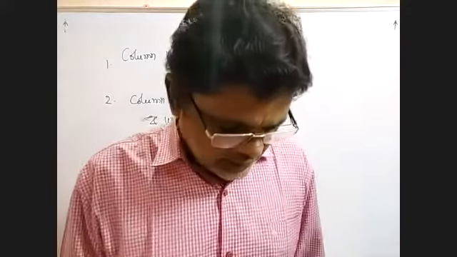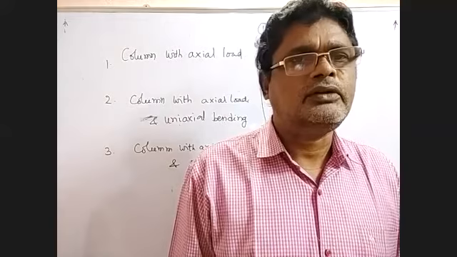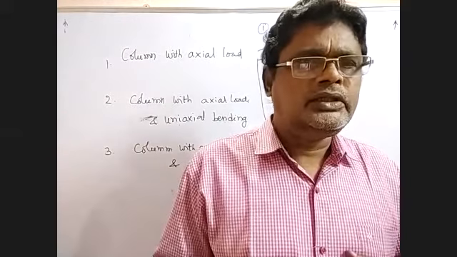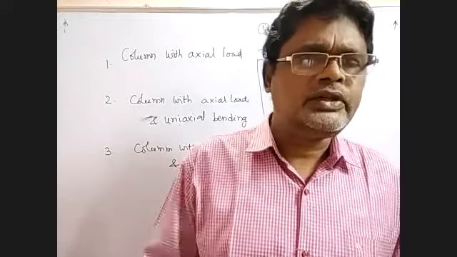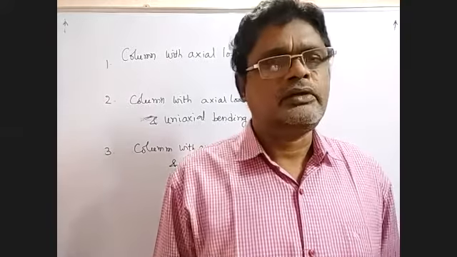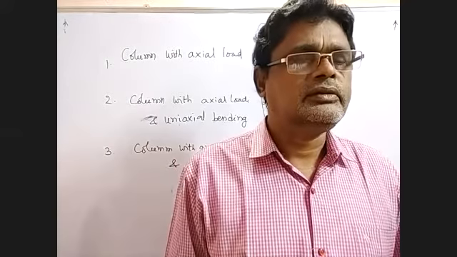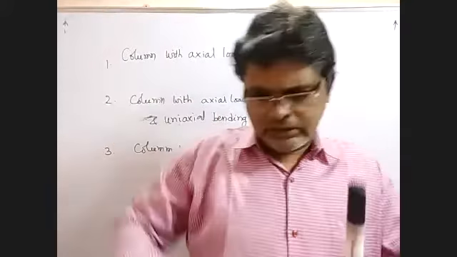Suppose if I stand on one leg, generally andaru alage nunchuntaru, oka leg meeda nunchunnam anukondi. So the 80 kgs load will not be distributed equally. Oka dantlo 60 vasta untadi, oka dantlo 20 vasta untadi. Okay, so that is called eccentricity. Ante exact ga center nunchi ellakunda load.